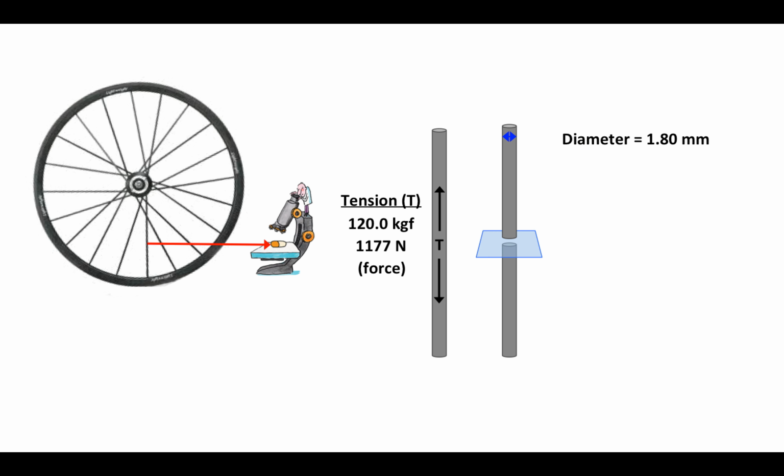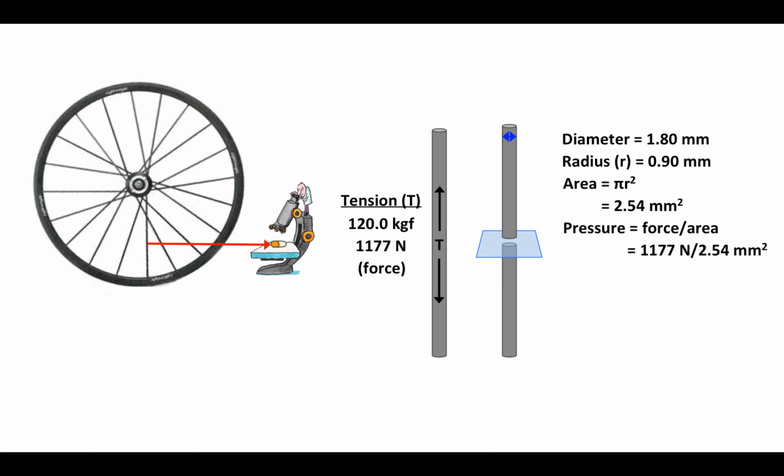My spoke begins with a diameter of 1.8 millimeters, which is 0.9 millimeters of radius, and I get an area of 2.54 square millimeters. Now I can easily compute my pressure, force divided by area, gives me this expression. I divide that out and I get 46.3 newtons per millimeter squared. So we are in fact applying pressure to this spoke as we stretch it.